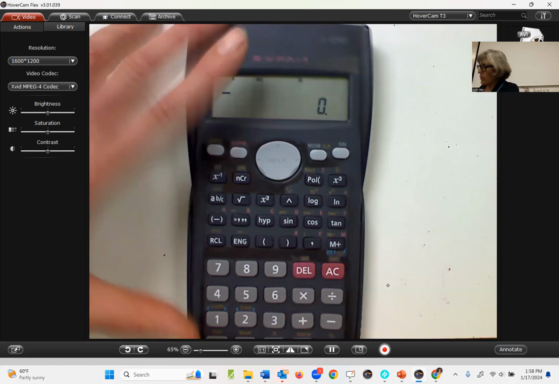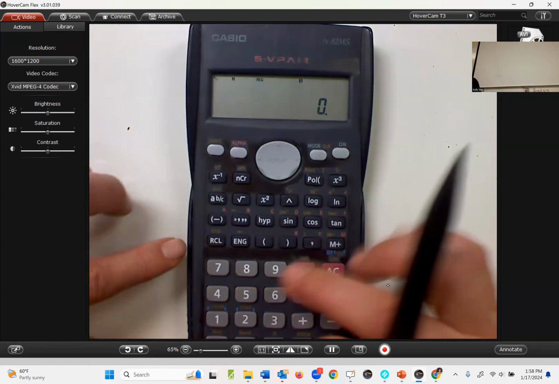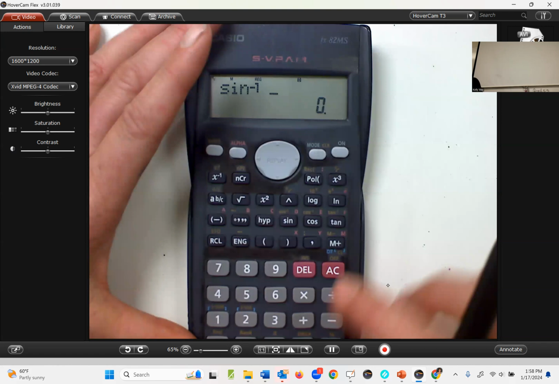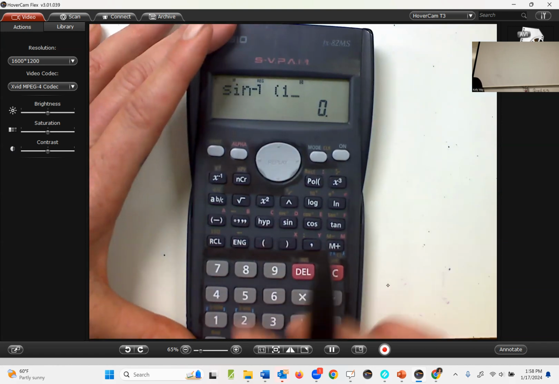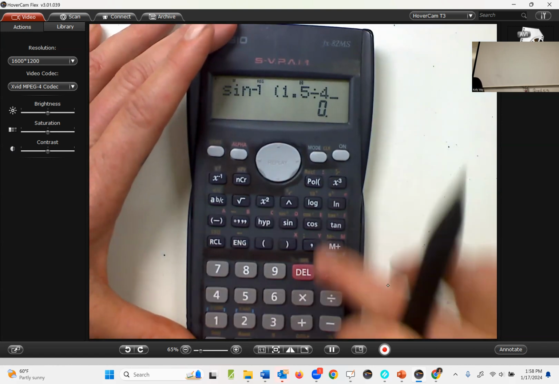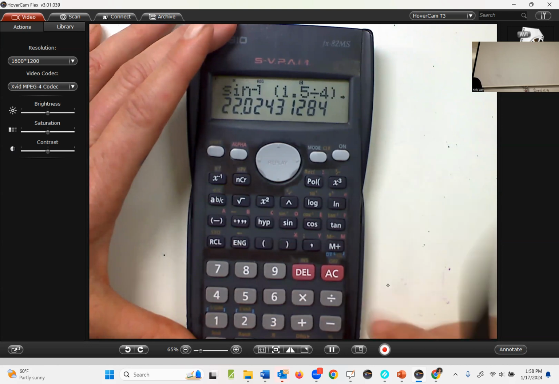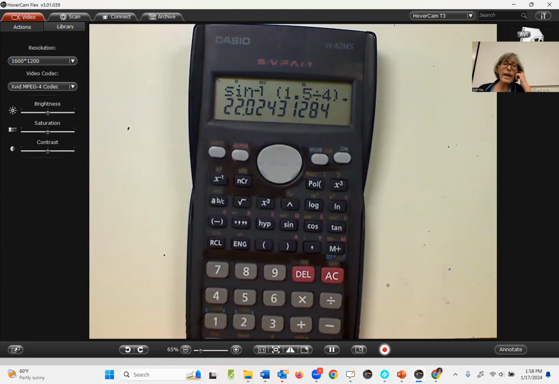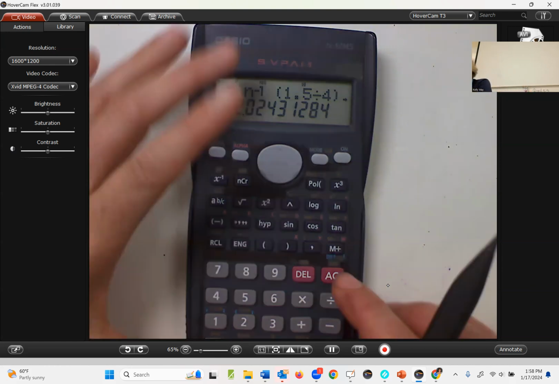Shift sine parentheses 1.5 divided by 4. Forgot the parentheses. There it is. And that'd be approximately 22 degrees in that case.